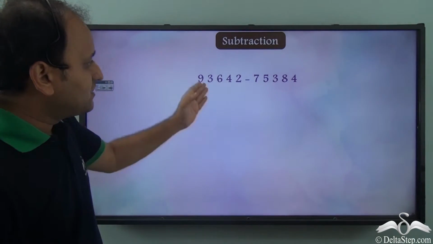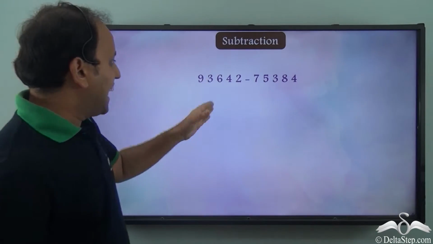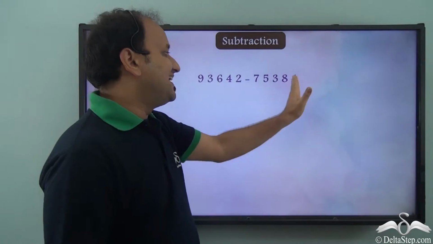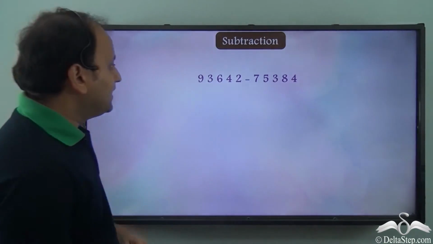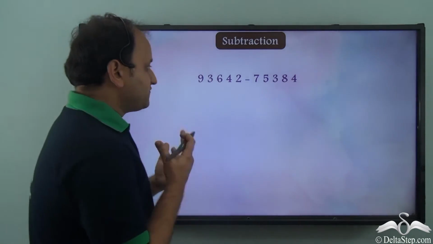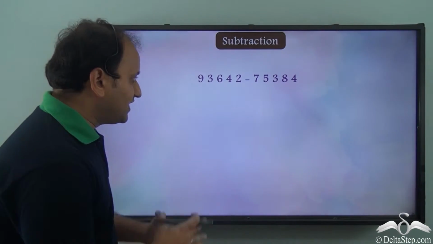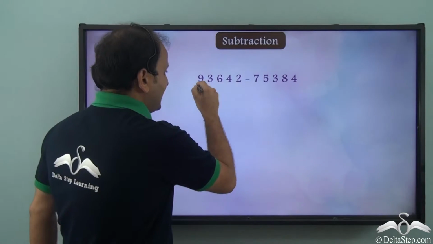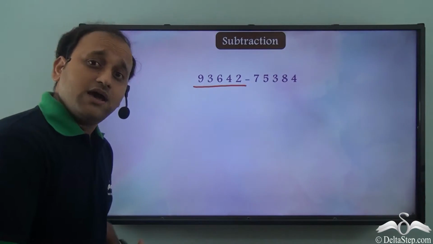Now we have another pair of numbers. Here we have 93642 and 75384. Now in this, what is the first step? First step is to identify which is the larger number. So in this case 93642 is the larger number.